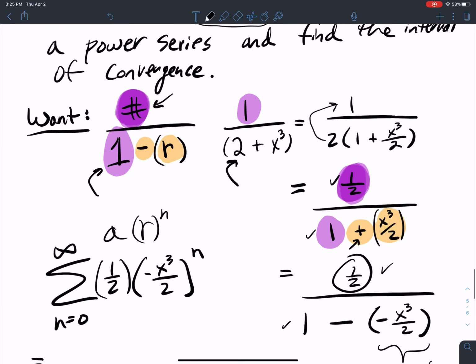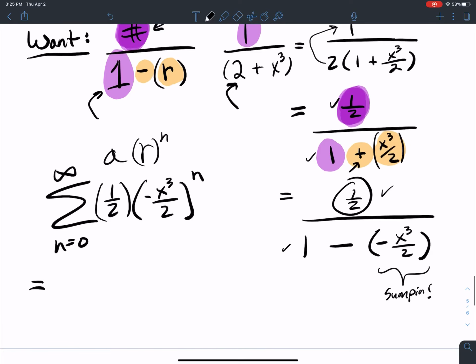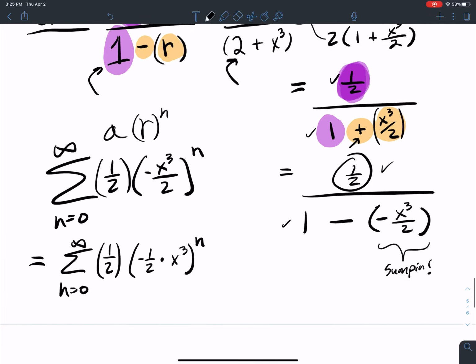Okay, I'm going to use some algebra here. So this is the series n equals 0 to infinity. It's 1/2 still by itself. But then I also have negative 1/2 times x cubed to the n, right? Now, if I have a times b raised to the n power, this is a to the n times b to the n.